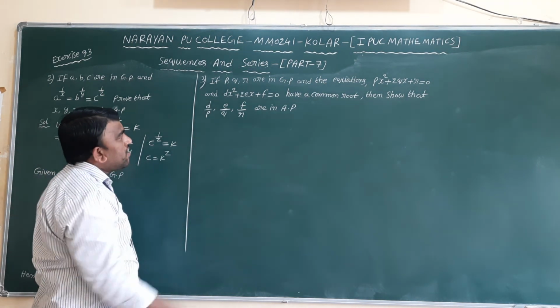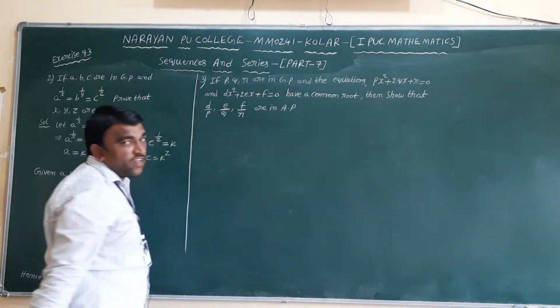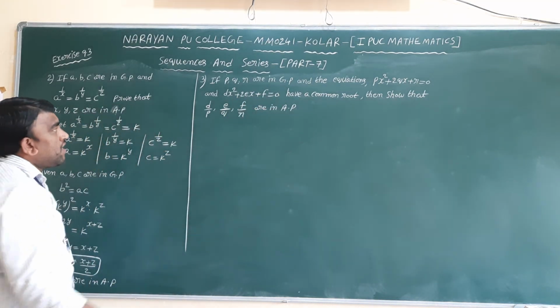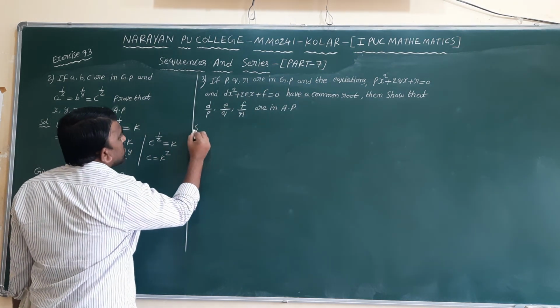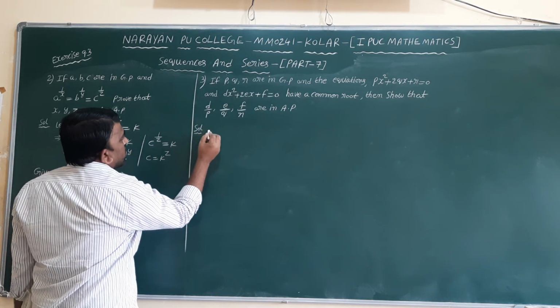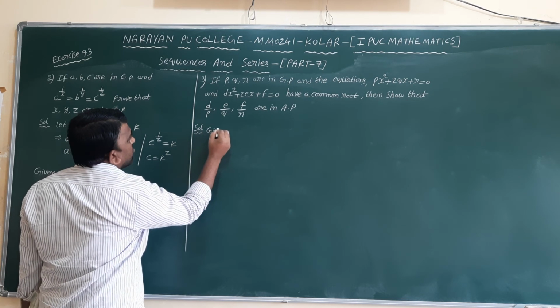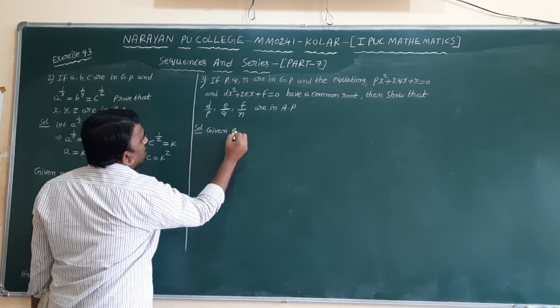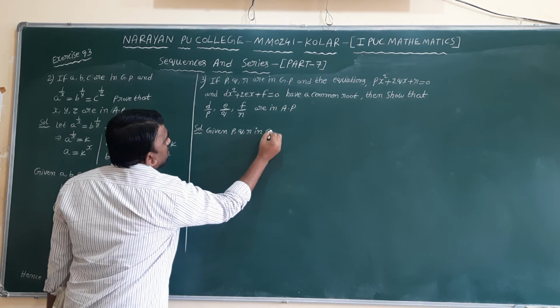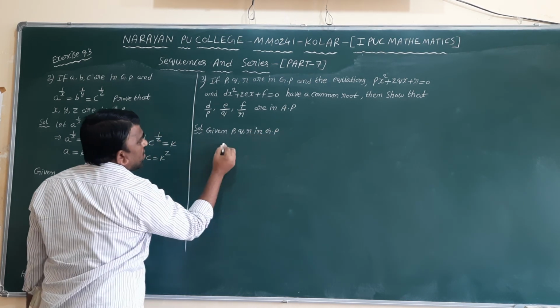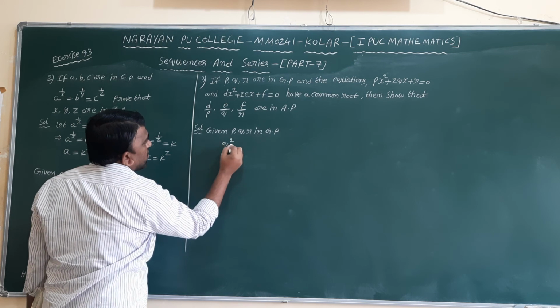For that, they have given the condition that these two quadratics have a common root, along with p, q, r in GP. First, given p, q, r in GP. So three terms in GP, the middle term square: q square equal to pr.